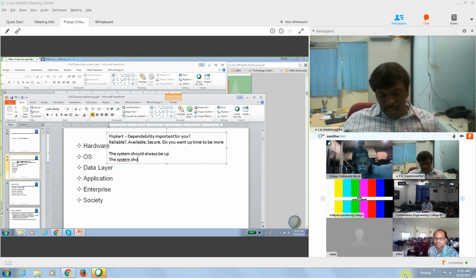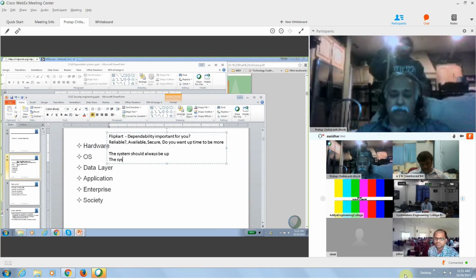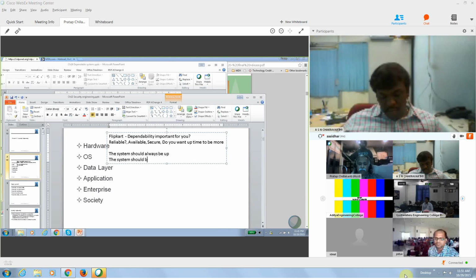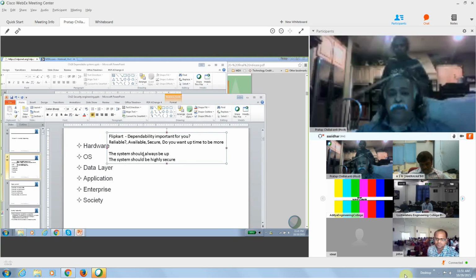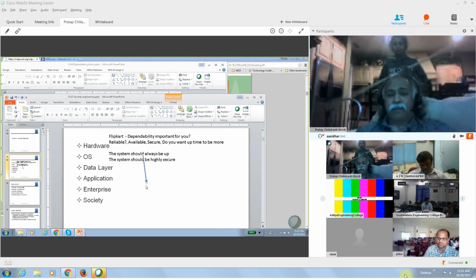The system should be highly secure. Let's take those. Then drive the following things.